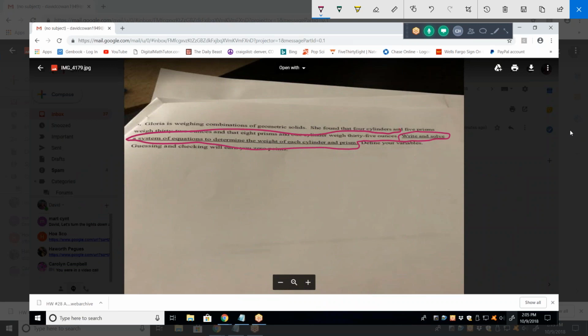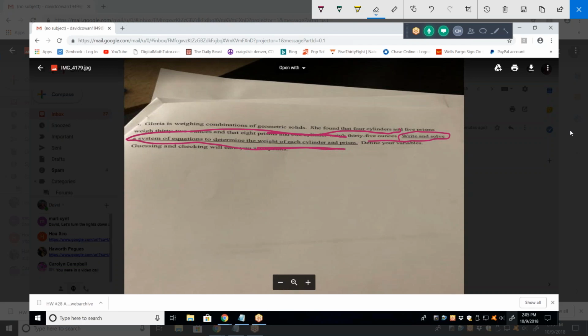Write and solve a system of equations to determine the weight of each cylinder and prism. This is the important part of the last sentence: the weight of each cylinder and prism. That tells you exactly how to define your variables. Well, c should be the weight of each cylinder and P should be the weight of each prism. So basically whatever they're asking for is how you define your variables.